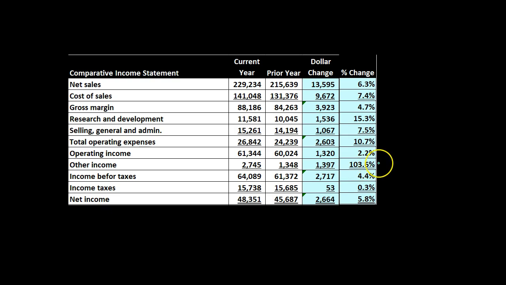Also note that these ratios have limitations as well, because it's possible that, for example, this goes up significantly, but it's a small dollar amount in total in comparison to everything else. So for example, if this was like $1 in the prior year, and then it went up to $20 in the current year, we'd have a significant percentage change.